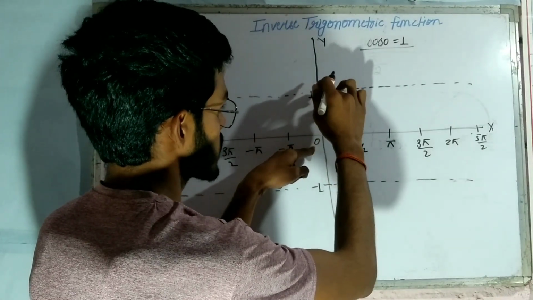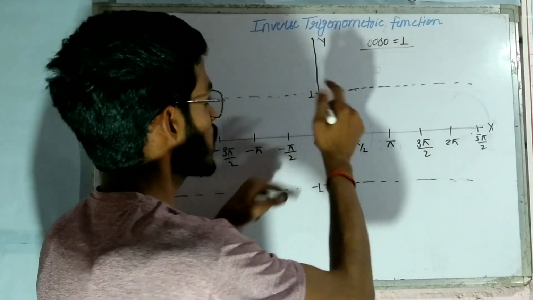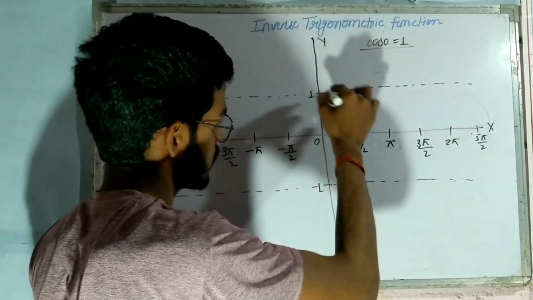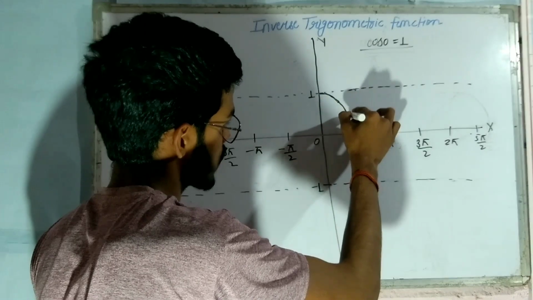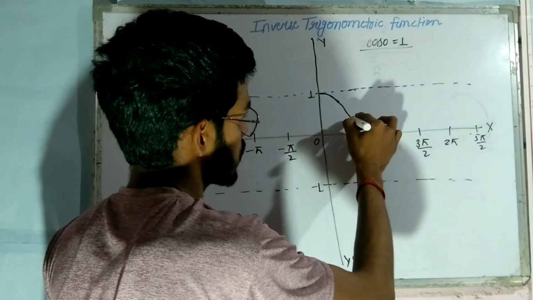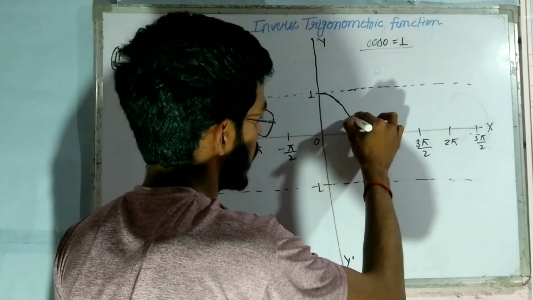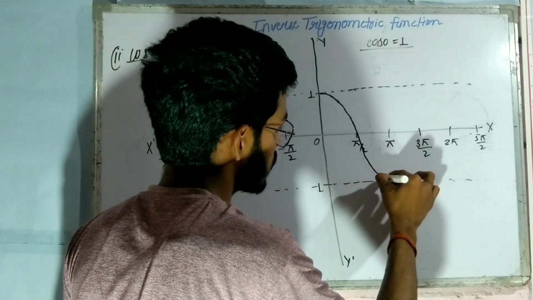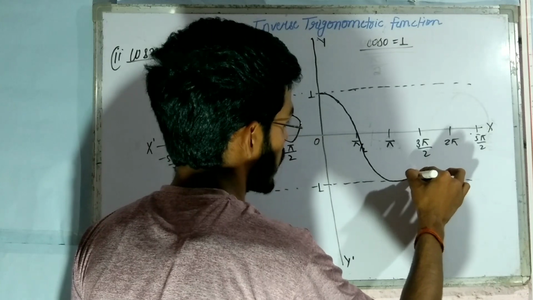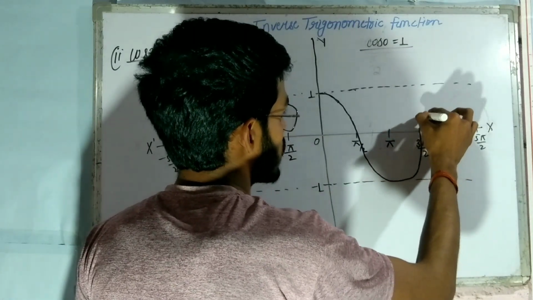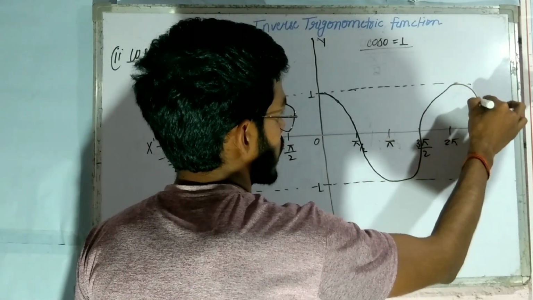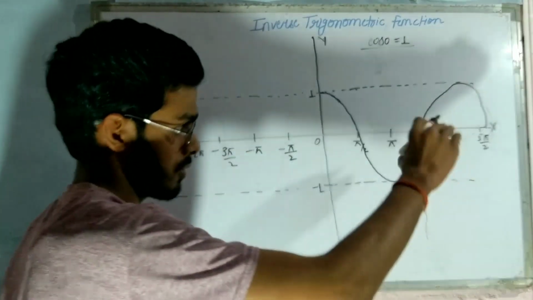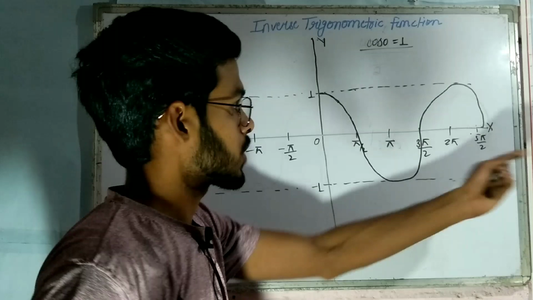So the graph of cos x will start from 1, and first it goes downwards towards the x-axis and cuts at pi by 2, passes in front of pi, cuts at 3 pi by 2, passes in front of 2 pi, and cuts at 5 pi by 2, and so on.